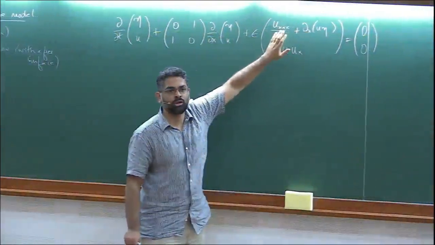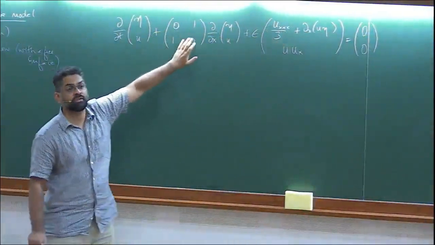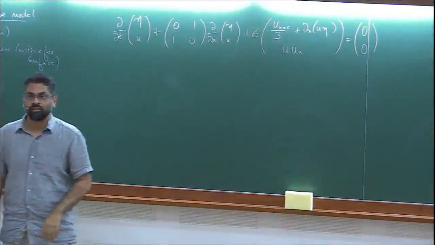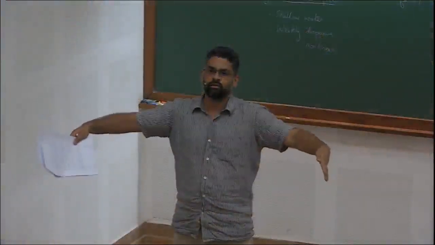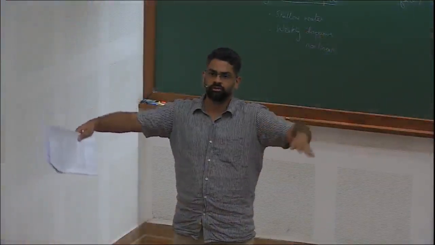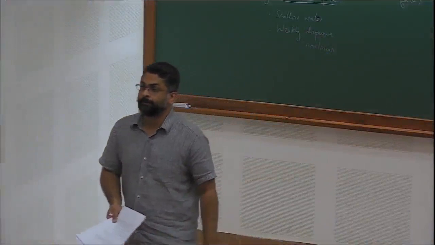So what you also need to do is scale x and t by 1 over epsilon. And so then this third order derivative is smaller than this first derivative in x. Right, so to get the system, you need to assume small amplitude and long behavior. So derivatives are smooth. You have a question?